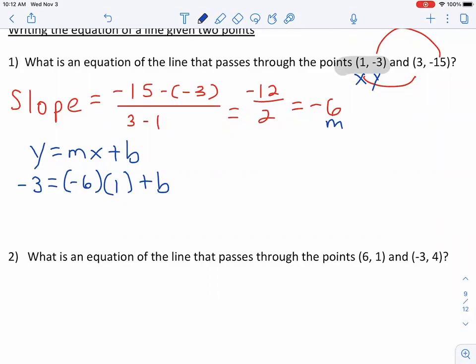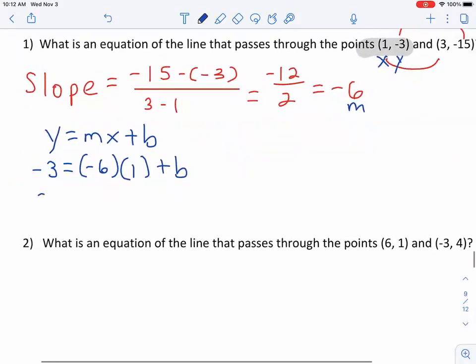Any questions on how I got those? We're not done yet, but I'm going to make sure you know where we're getting those numbers from. Okay, so negative 6 was the slope, so that was our m, and I just plugged in x and y from the coordinate. So now we solve this for b.